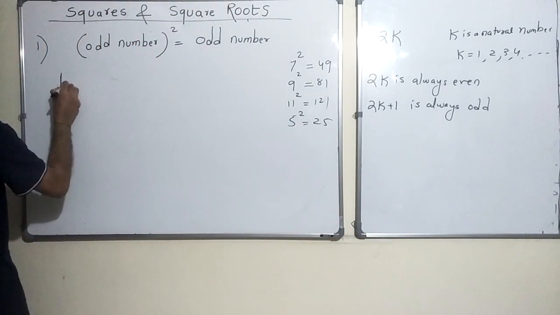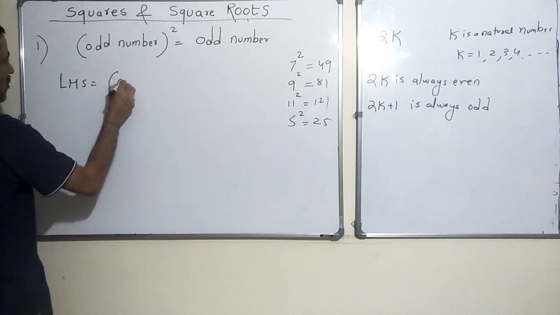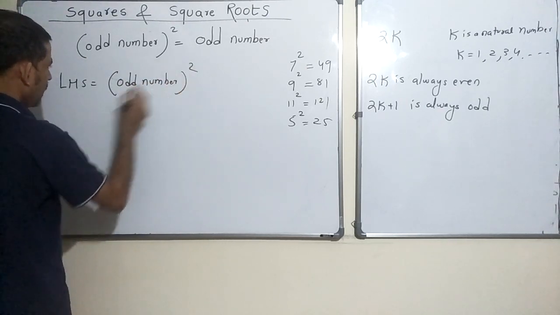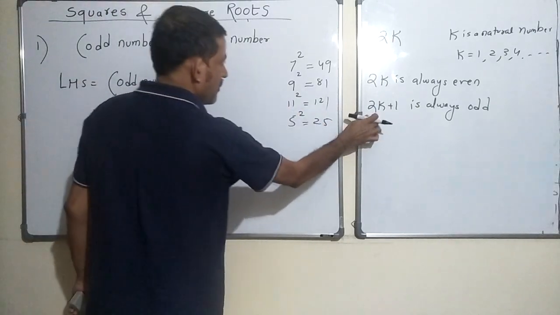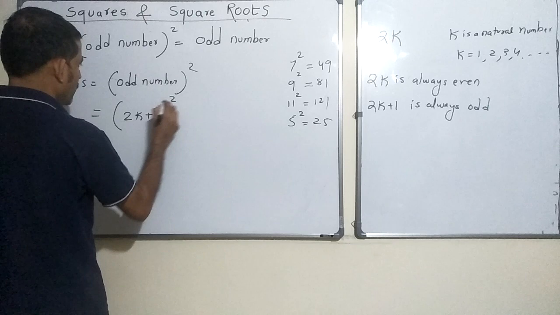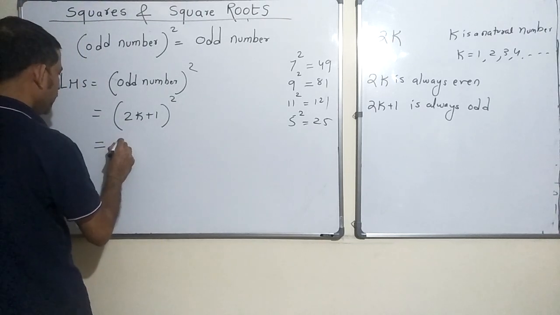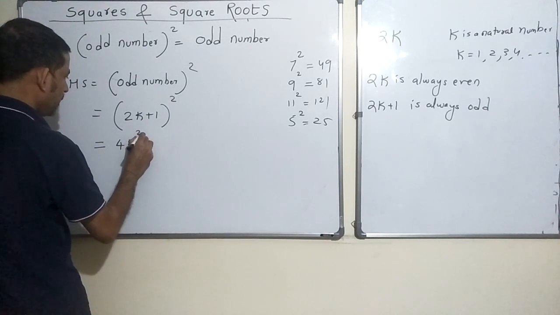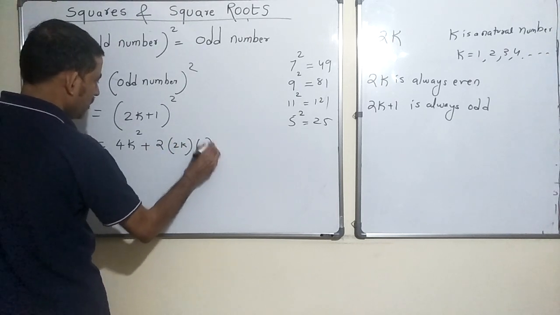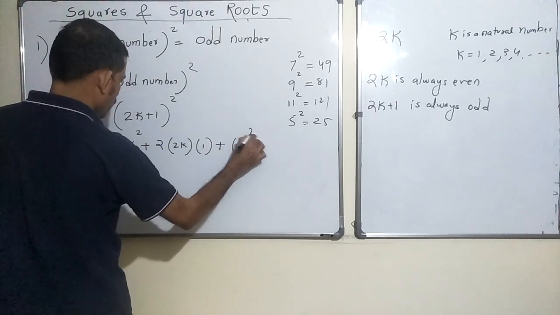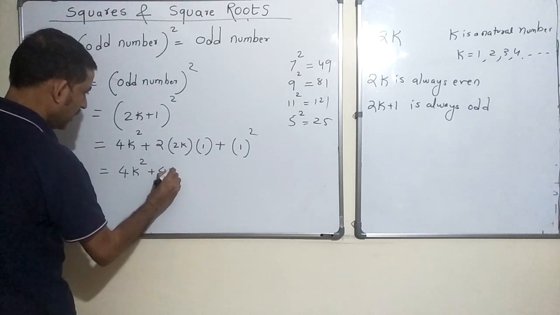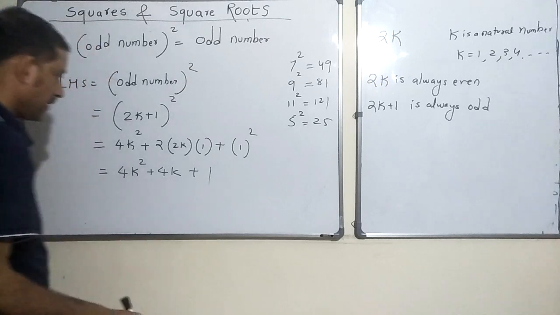So LHS, odd number square. I can always take the odd number as 2k plus 1. Now let's expand it. It becomes 4k square plus 4k plus 1. Is that right?